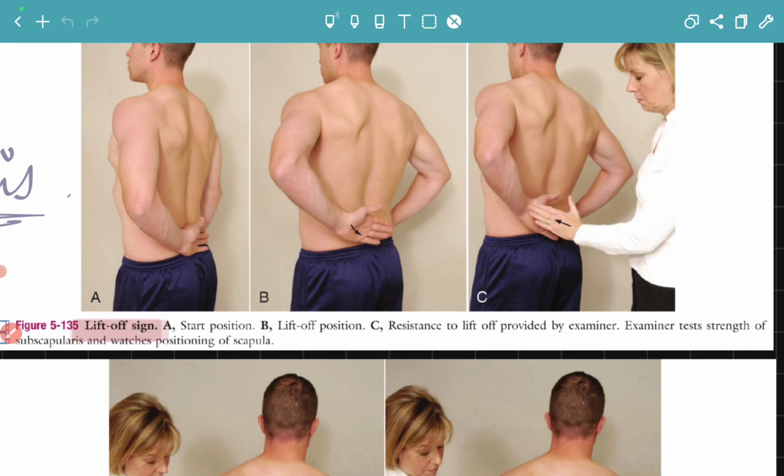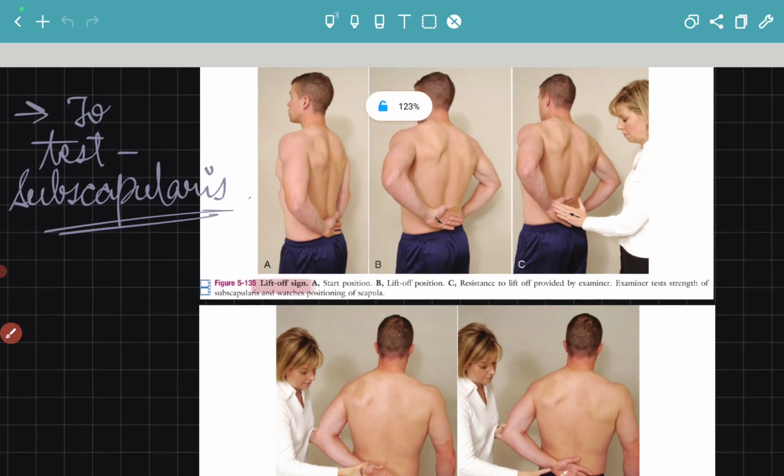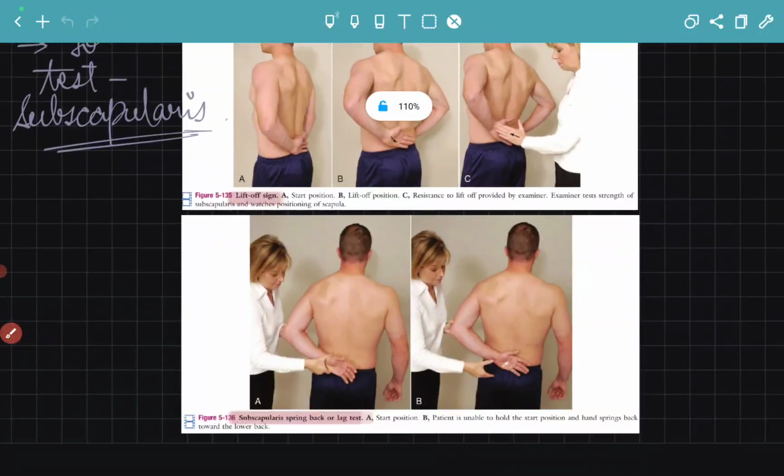So with this we can test the subscapularis muscle, and also the therapist will watch the position of the scapula while doing this. If the patient is not able to perform it, that means the strength of the subscapularis is not up to the mark and there is weakness or inhibition of subscapularis, which might be the cause of any other problem faced by the patient.